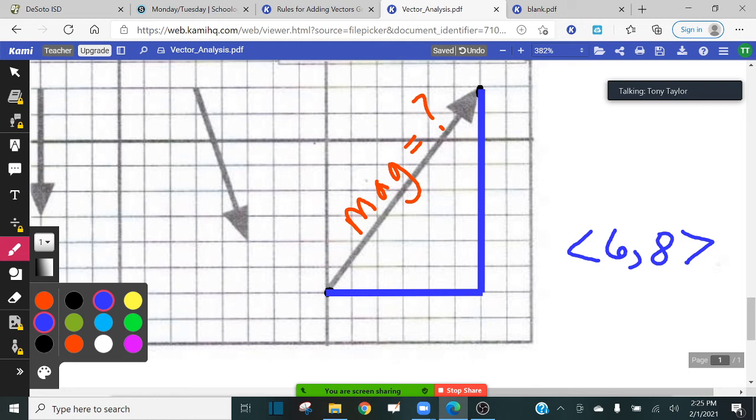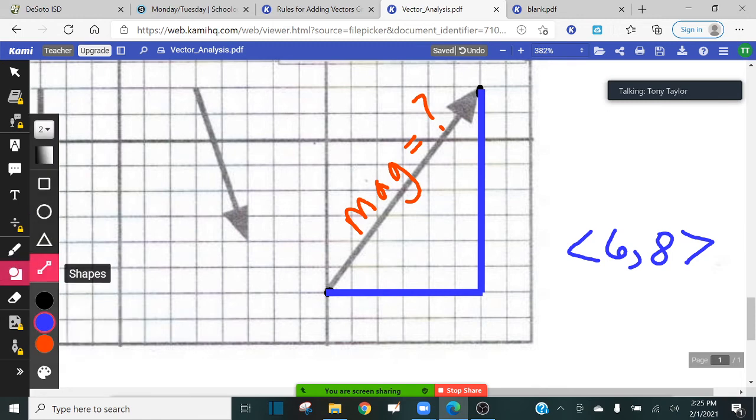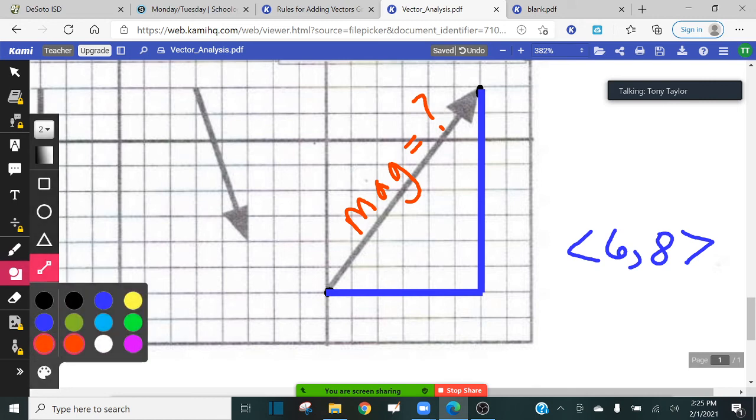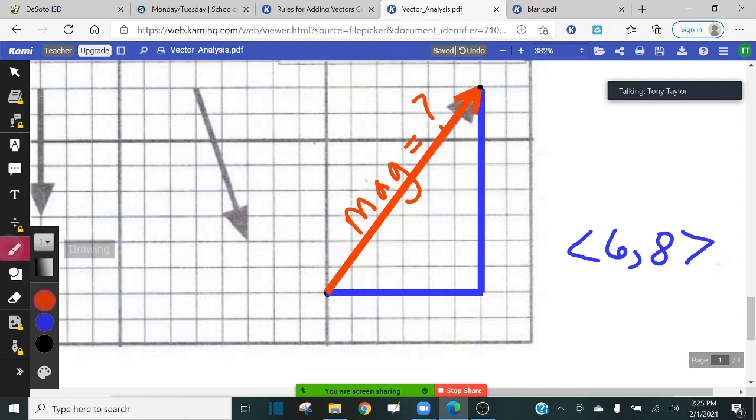Now, y'all can easily find the magnitude of this vector. In other words, you can easily find out how long this vector is from here to here just by using Pythagorean's theorem, which is just a squared plus b squared equals c squared. So I'm doing it now. 6 squared plus 8 squared equals c squared.